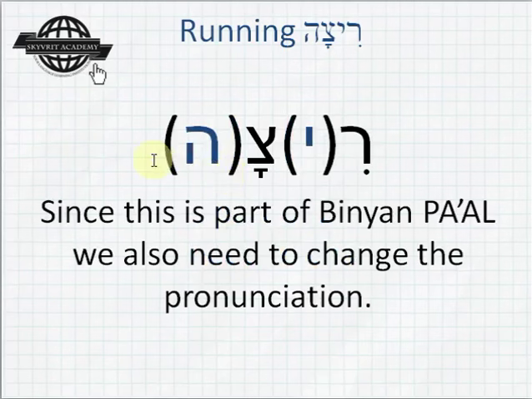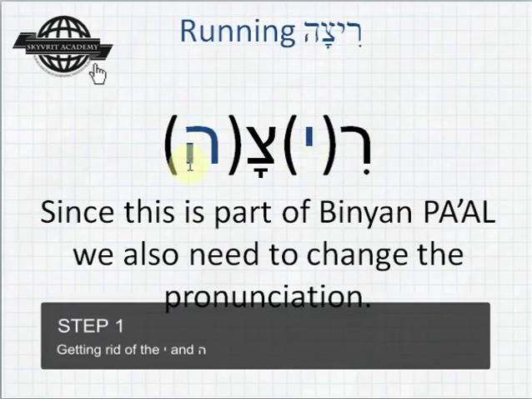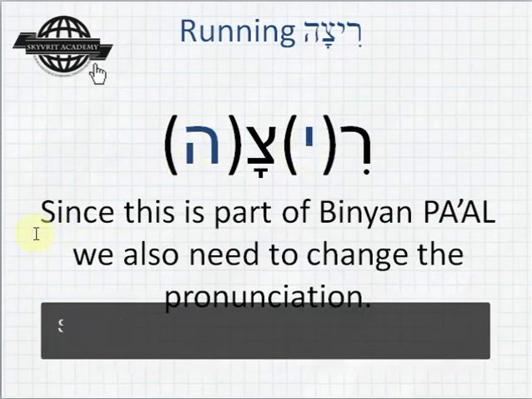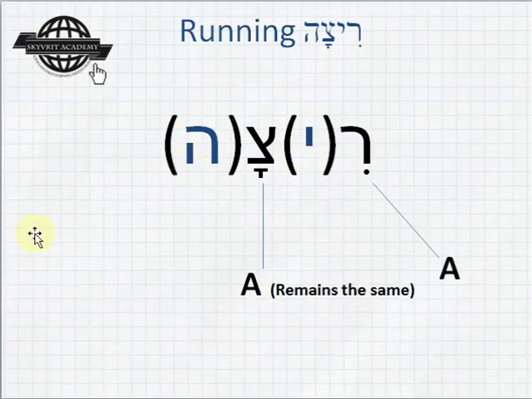We need to get rid of this a sound, this yud and hey. And as you can see here, since this is part of binyan pa'al, we need to change the pronunciation. This e we will have to change to an a sound.